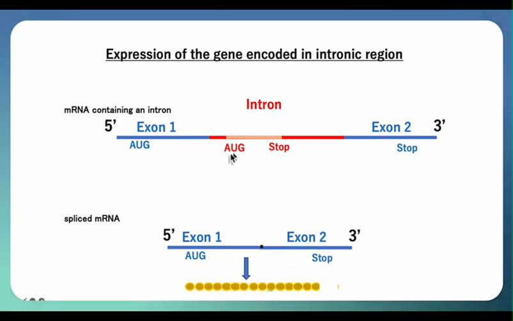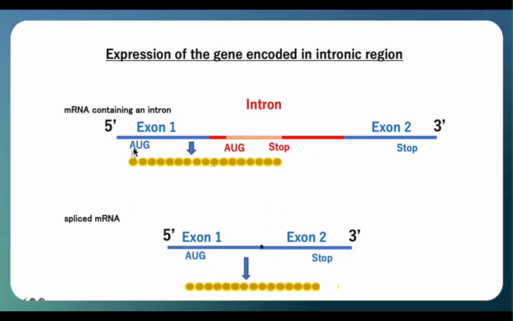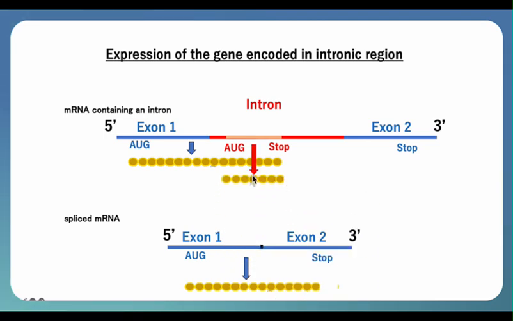When an intronic open reading frame is located immediately downstream of the first exon, and in the same translation frame, it can sometimes be translated as a continuous protein from the AUG codon of the first exon to the stop codon of the intronic open reading frame. Alternatively, a simpler method is where translation occurs from the AUG codon to the stop codon of the intronic open reading frame. In either case, the translation of the intronic open reading frame is achieved by initiating translation on the immature messenger RNA.